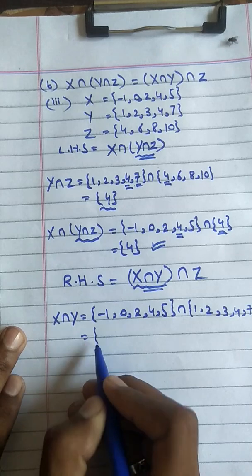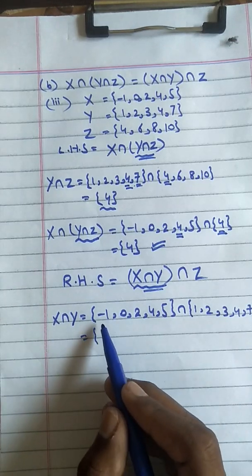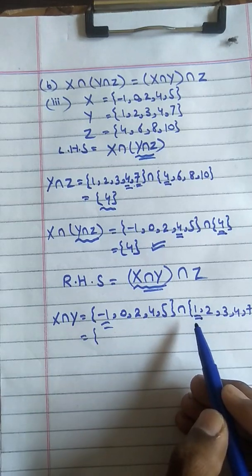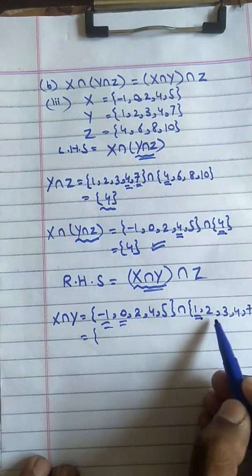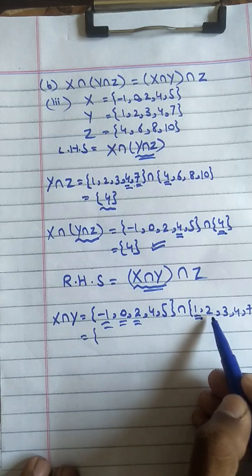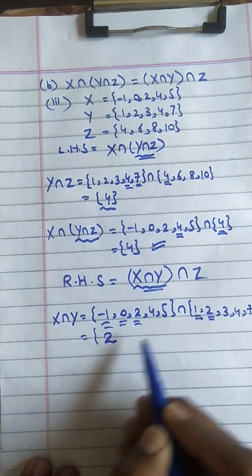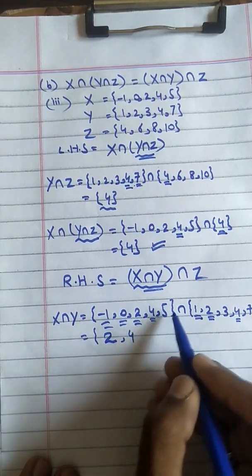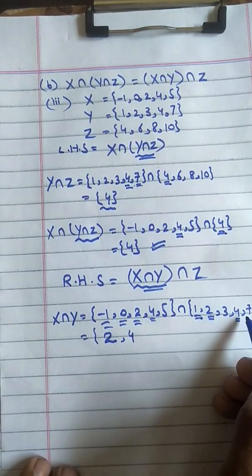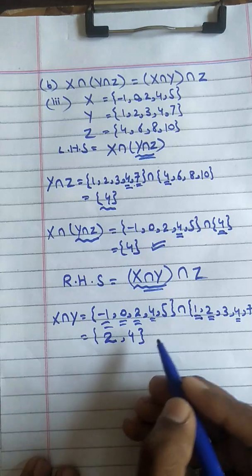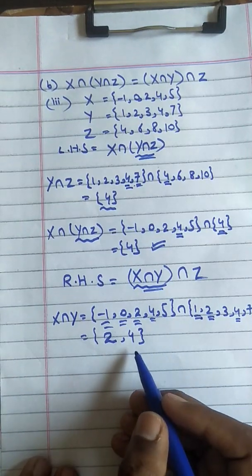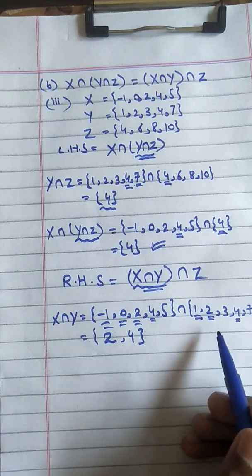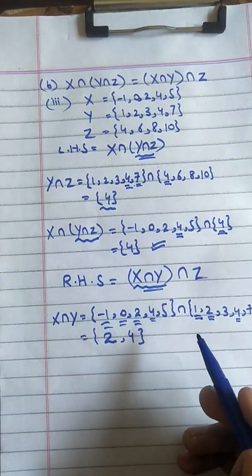Now X intersection Y: -1 is here, but here it is plus 1, so don't write it. 0 is here, but 0 is not here. 2 is here, 2 is here, so write 2. 4 is here, 4 is here, so write 4. 5 is here, but 5 is not here. So our answer is completed as 2 and 4, because no members except 2 and 4 match between the two sets X and Y.